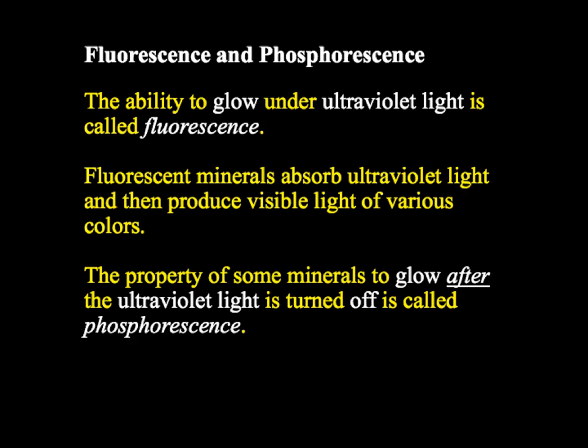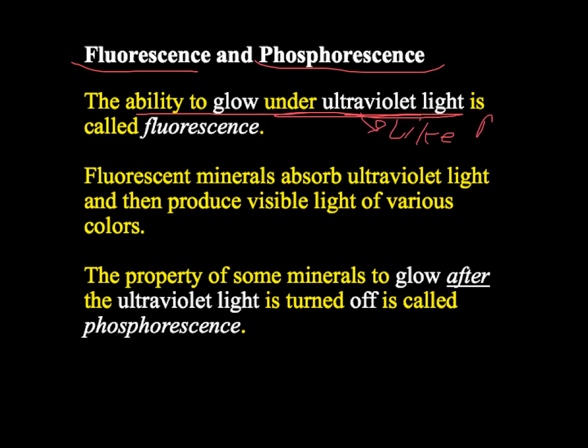The next two are fluorescence and phosphorescence. Fluorescence is the ability to glow under ultraviolet light. It's not exactly like a black light, but it's similar to a black light. And so some minerals will glow fancy colors under a black light.